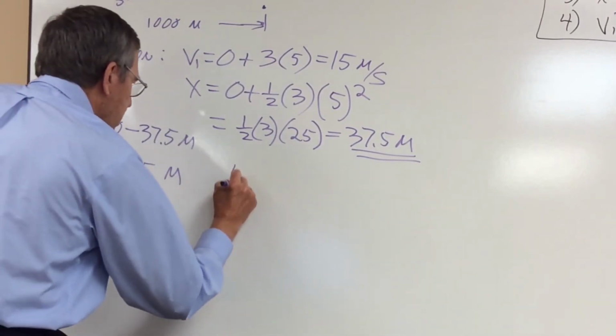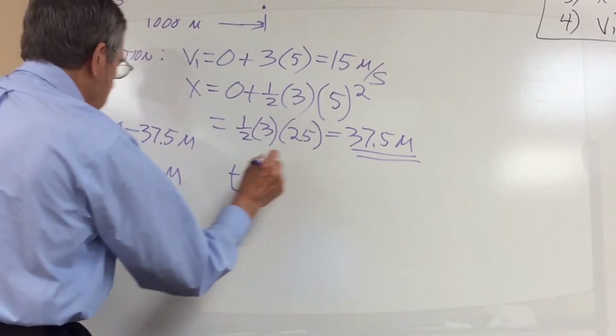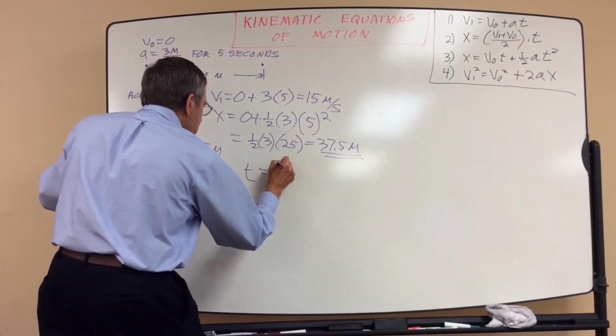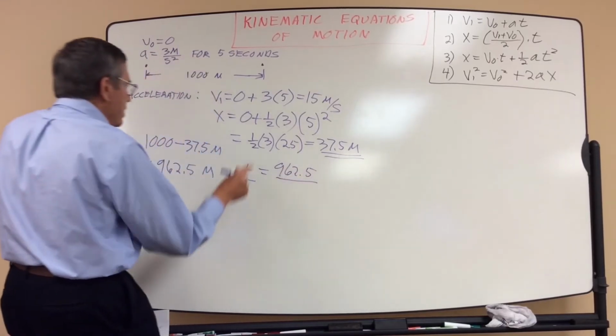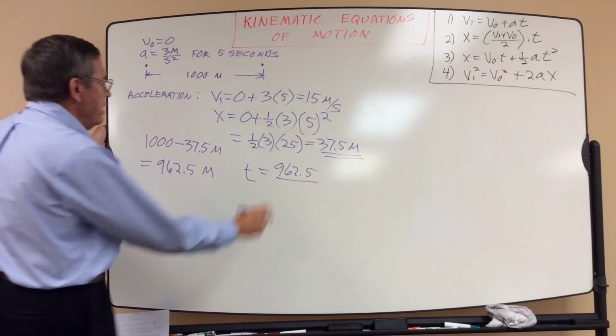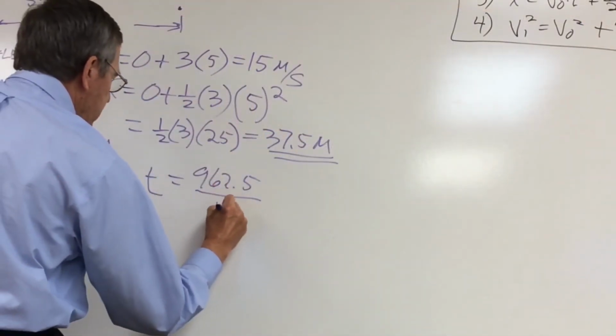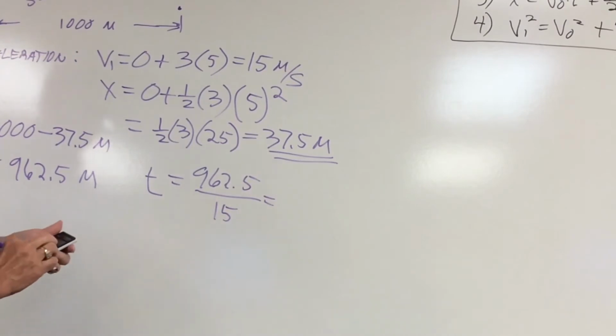Well, time is equal to how far we went, which is 962.5, divided by how fast we're going. And how fast we're going is 15. Okay? So I can do that little calculation.